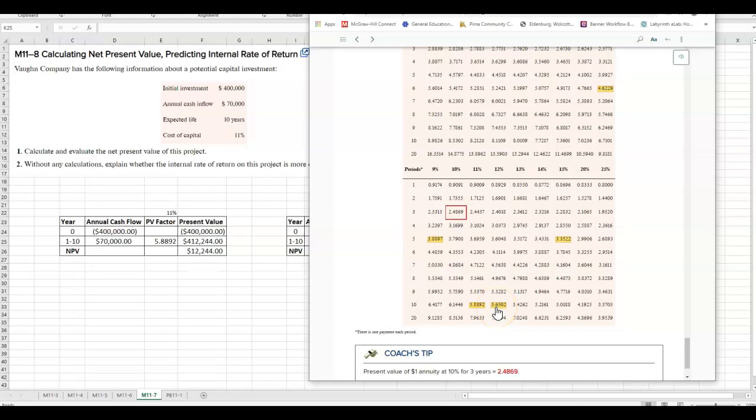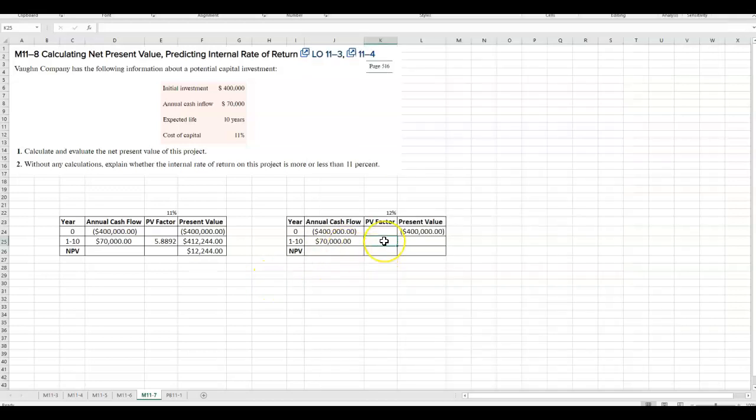The factor is 5.6502. Multiply that and add them together. Now our net present value is negative, meaning that it's returning less than 12%, but more than 11%. So someplace between 11 and 12% is what it's returning.